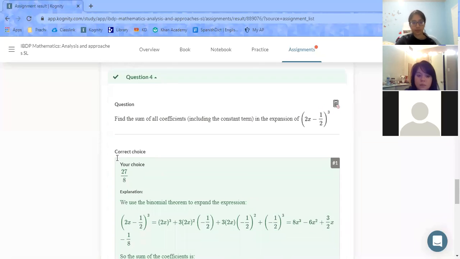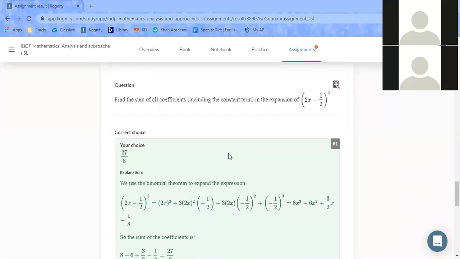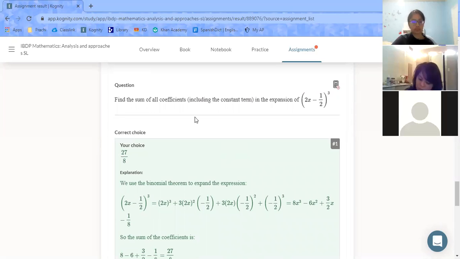Okay, number 4. Find the sum of all coefficients, including the constant term, in the expansion of 2x minus 1/2 to the power of 3.